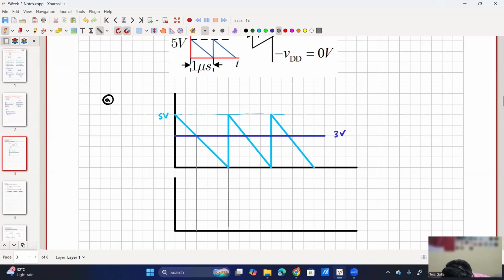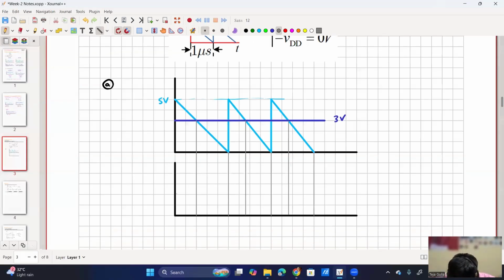So has anyone solved? Anyone? Actually, while drawing the sawtooth, I made a slight mistake.